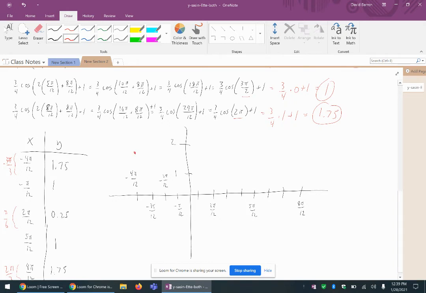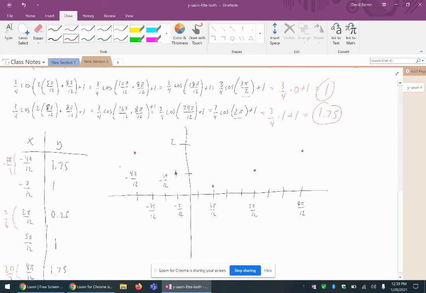Negative pi over 12 is at 1. Negative 2 pi over 12 is at 0.25. 5 pi over 12 is back up to 1. And 8 pi over 12 is back up at 0.75.